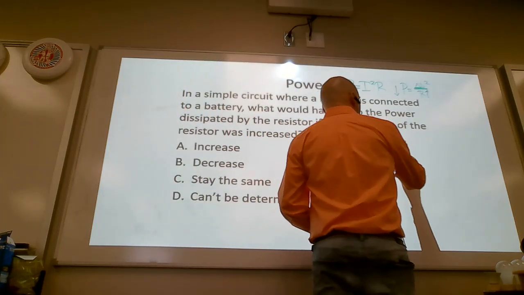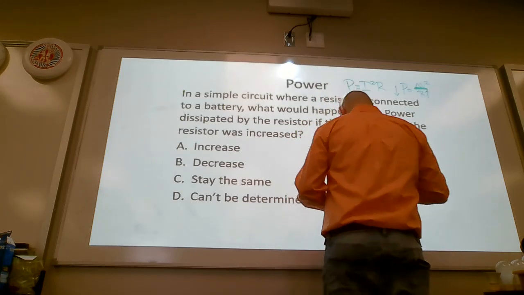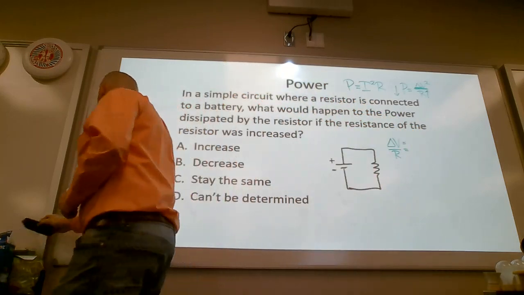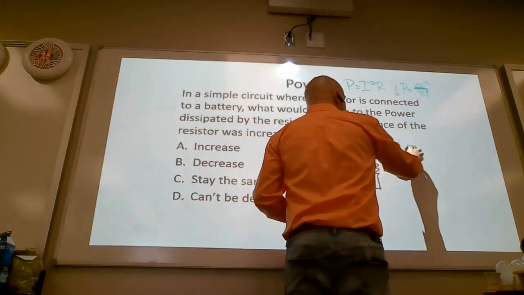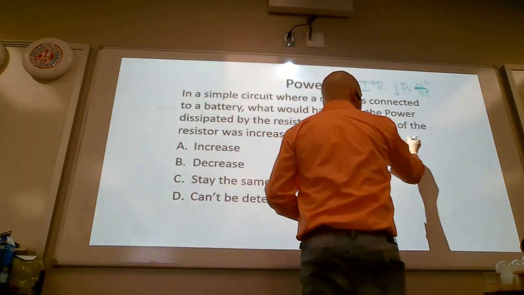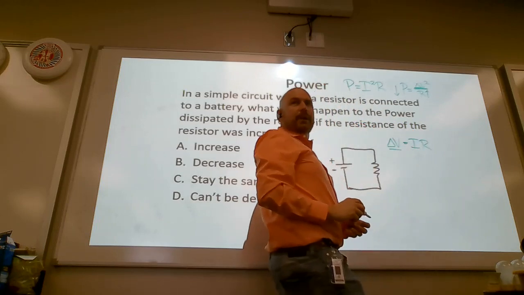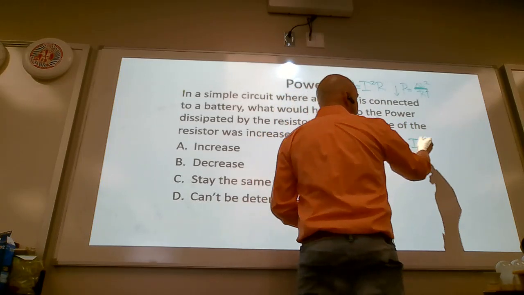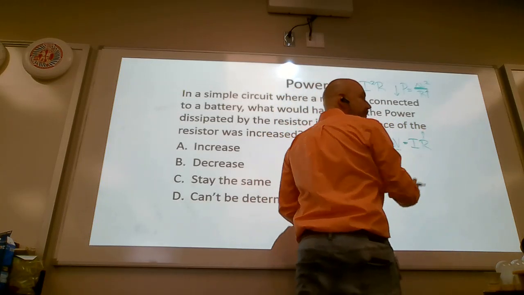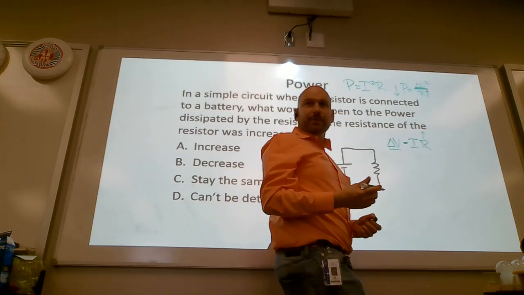Conceptually, you could arrange Ohm's law like this or in the fraction form, but the voltage is staying the same. As the resistance goes up, what happens to the current? Goes down. Does that make sense, just conceptually?